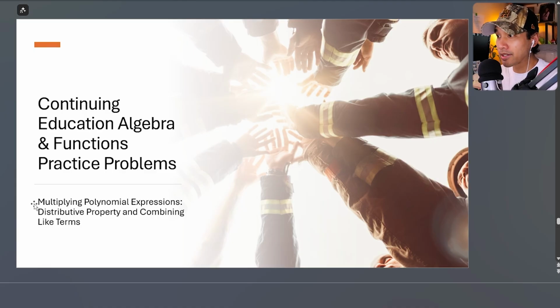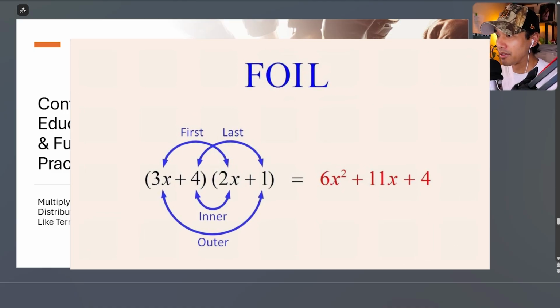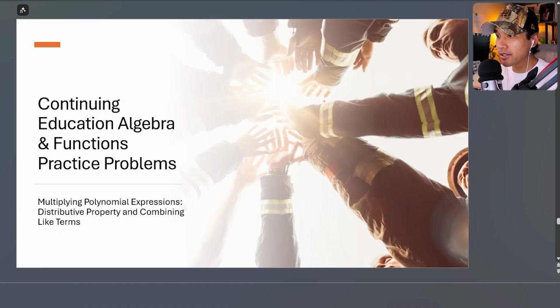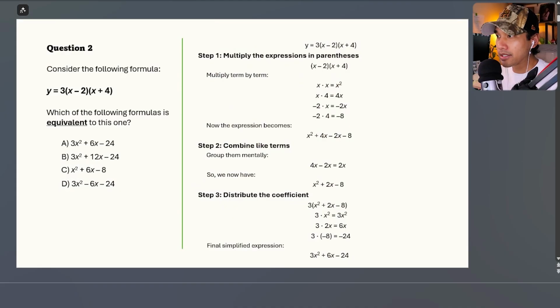This is where we're going to be practicing the FOIL method along with other things as well. This is a continuation of my IBEW full-length algebra and functions aptitude practice test 1, and this is going to go over question number 2.